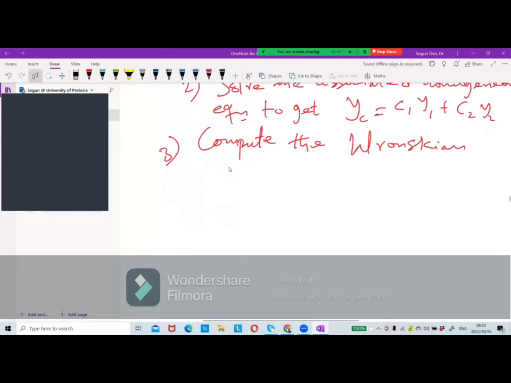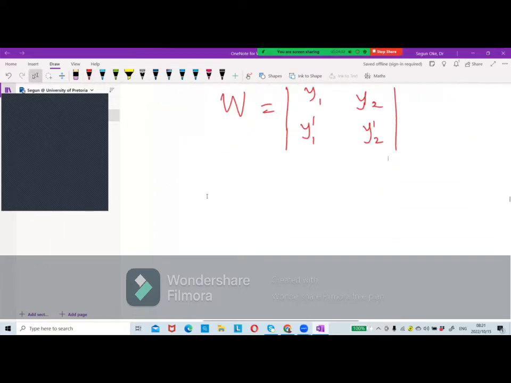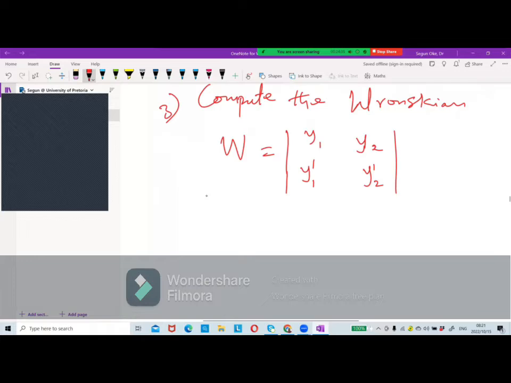Number 1, you need to do W equals y1, y2, then y prime of 1, you differentiate it, then y prime of 2. While you are doing this, the next thing is you need to find W1. The W1 means make the first entry 0.